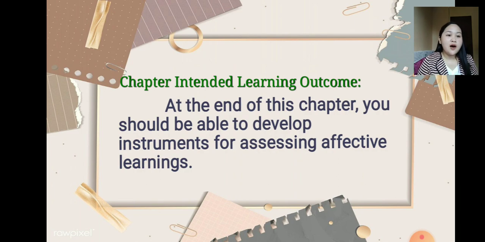It is more about feelings, your emotions and attitudes as a student. So that is why they cannot be separated, because it is not possible to assess only the cognitive and not the affective. So they are inseparable aspects of a learner. Each one completes the other with respect to the learner's important domains.